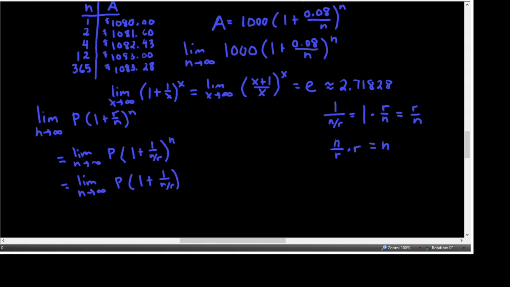What I can do is take that power of the binomial and rewrite it as n over r raised to the r, right?